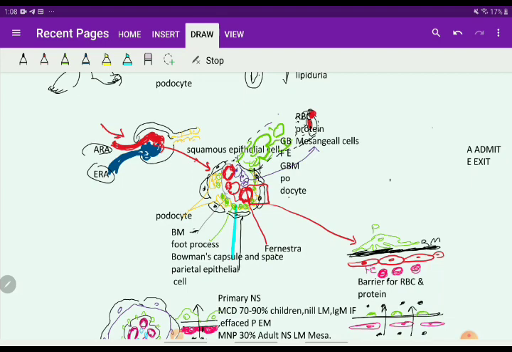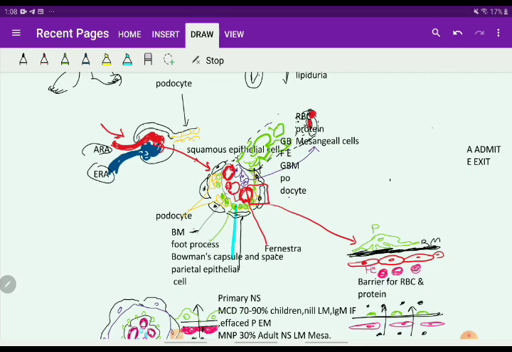Normally, the glomerular capillaries are fenestrated, and the fenestra size is smaller than the size of blood cells and protein. So no platelets, white blood cells or RBCs are filtered via these fenestrations, and no protein is filtered either. So the size is important.